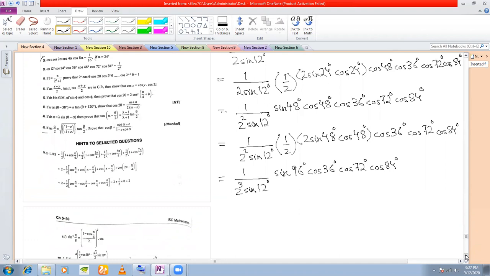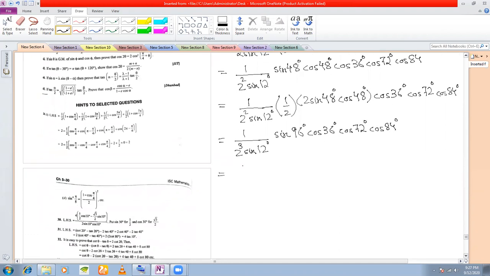Okay, now what you do here is 1 divided by 2 cubed sin 12°. Again take a half. sin 96° can be changed, not cos, but in fact sin of 2 into 90° plus 96°, minus 96°.